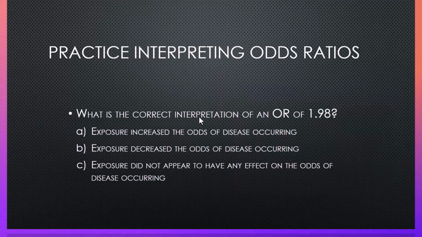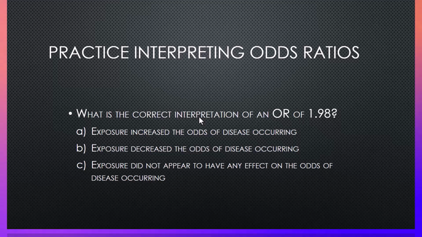So let's practice. You're reading a research article and you find an odds ratio of 1.98. How do you interpret this finding? A, the exposure increased the odds of the disease occurring. B, the exposure decreased the odds of the disease occurring, where it was protective.